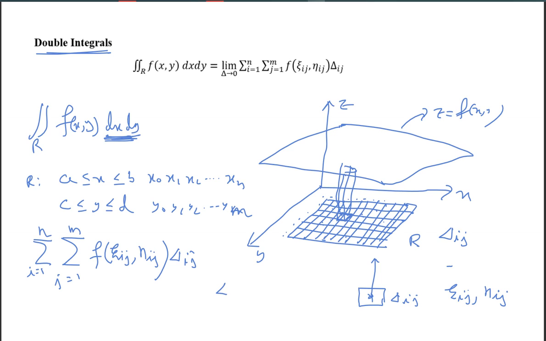And consider delta equal to the maximum of these delta ij's, and take the limit as delta tends to 0. This is represented as the double integration over R of f of xy.